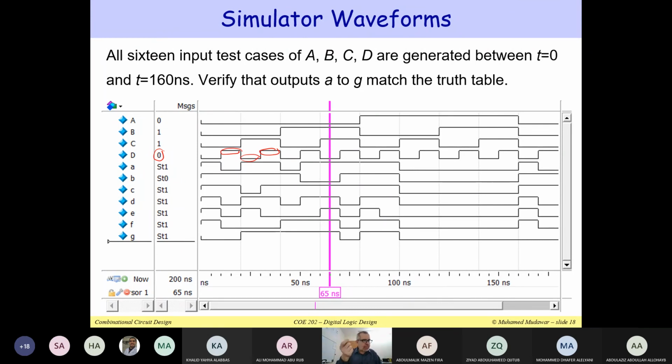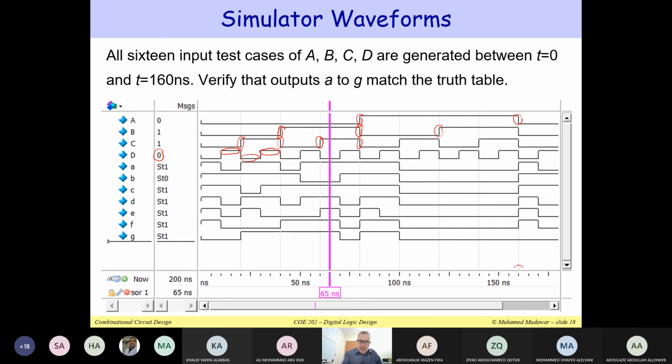So here actually my time scale is 1 nanosecond. And then notice that how C is changing, okay, from 0 to 1, every 20 nanoseconds. So 0, then 1, then 0. Then every 40 nanoseconds we are changing B, and every 80 nanoseconds, we are changing A.